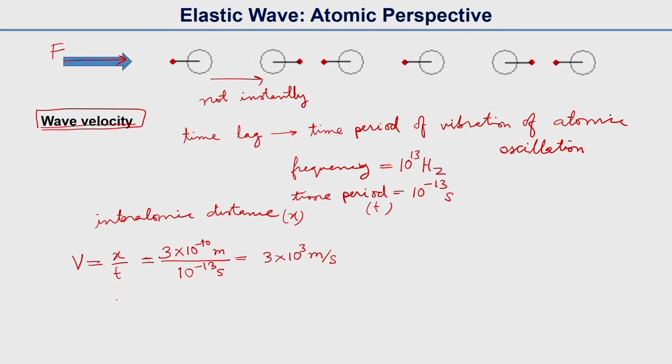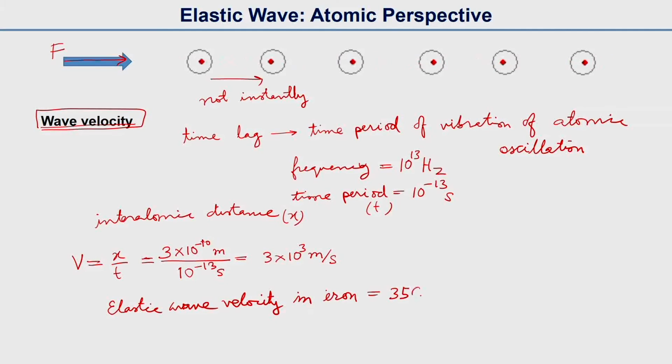The elastic wave velocity in iron is around 3500 meter per second, which is close to this value.